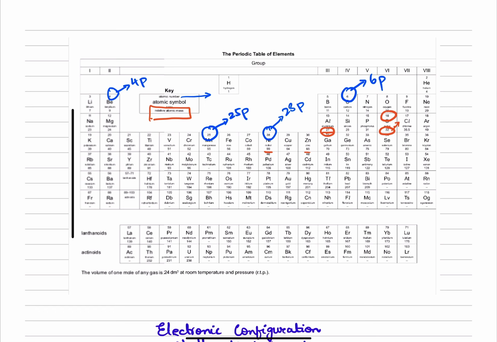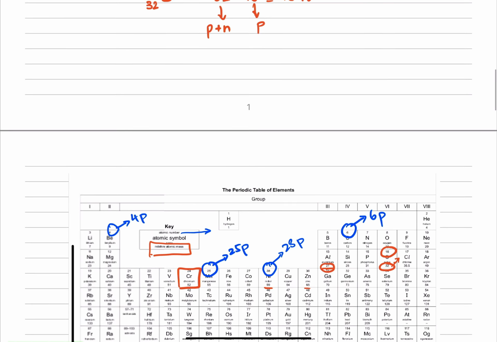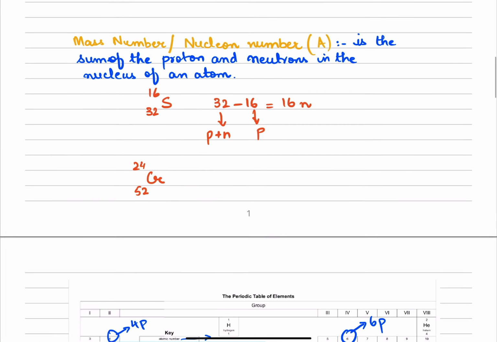Similarly for chromium, which has a mass number of 52 and an atomic number of 24, 52 minus 24 gives me 28 neutrons. This is how we can find the number of neutrons in the nucleus of an atom by subtracting.